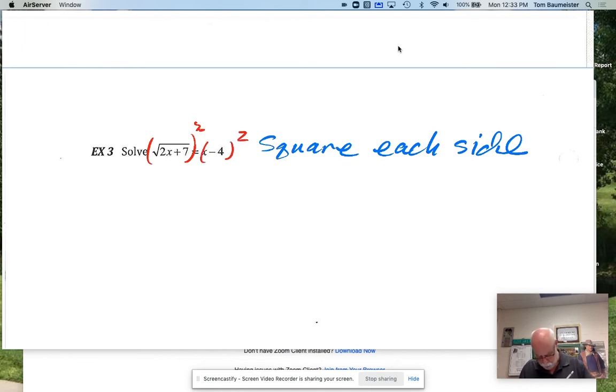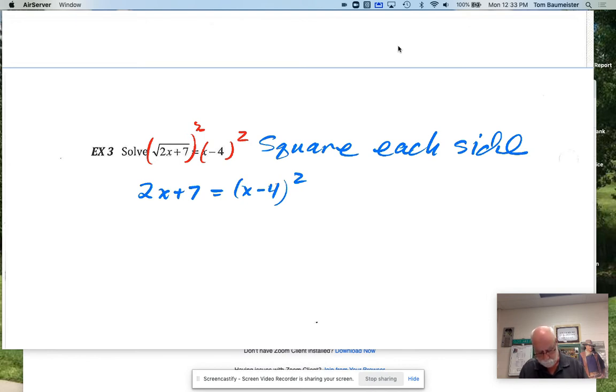All right. So then doing that, the square root goes away. And on the other side, I have x plus 4 quantity squared.